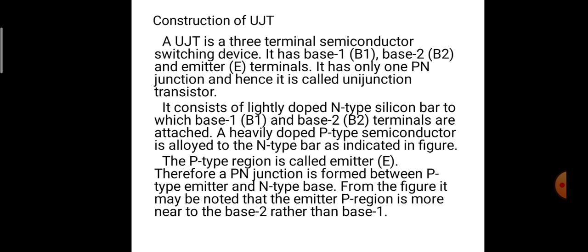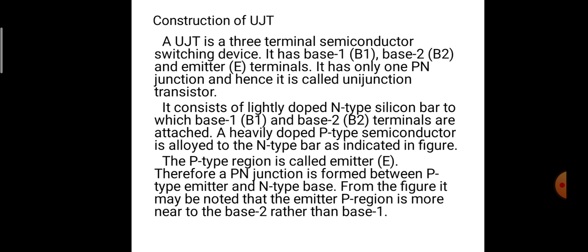It consists of a lightly doped N-type silicon bar to which base 1 and base 2 terminals are attached. A heavily doped P-type semiconductor is alloyed to the N-type bar as indicated in the figure.